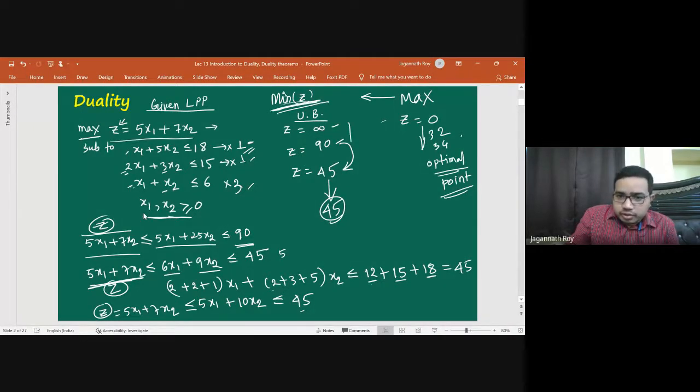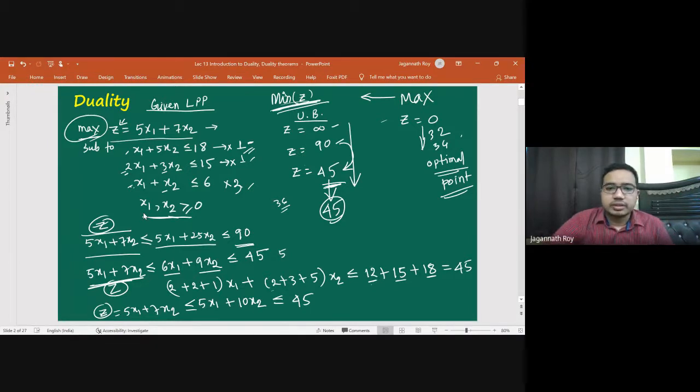We will try to go down to find the optimal solution. For this problem I think the optimal solution will be 36 or something, but by this rough calculation we can get up to 45. So the maximization value cannot exceed 45. This gives us a brief, rough idea.